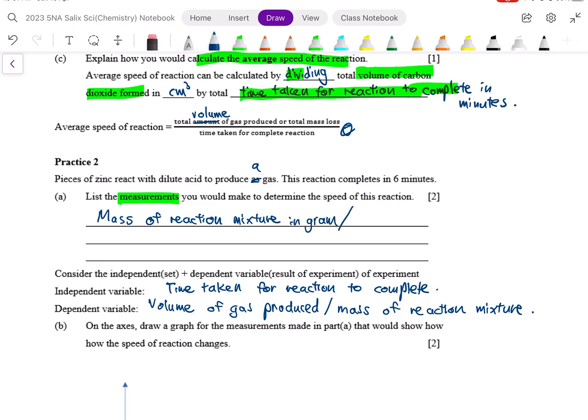Otherwise you can choose the volume of gas produced, in centimeter cube. Both ways can for the dependent variable depending on what you choose. Then for the independent variable, you can use the total time taken for reaction to complete.